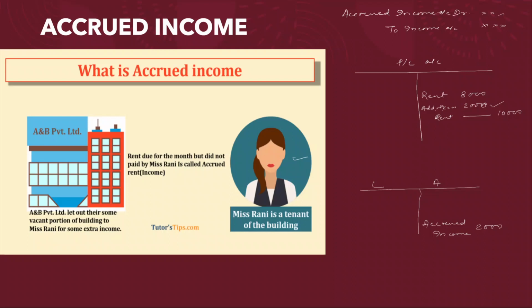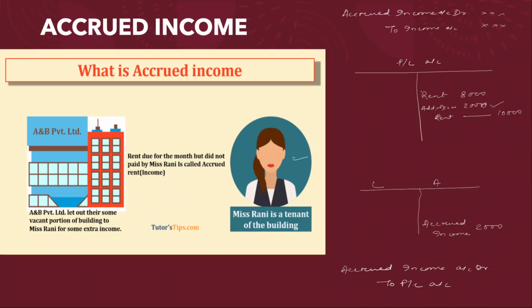Okay, so at that time you will pass the entry as accrued income account debited to PL account.